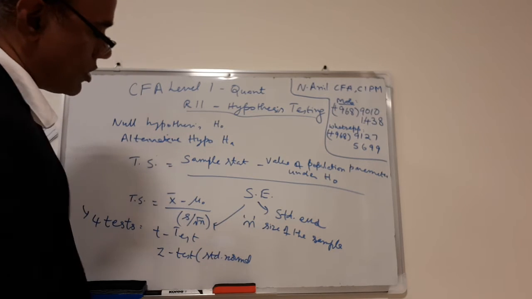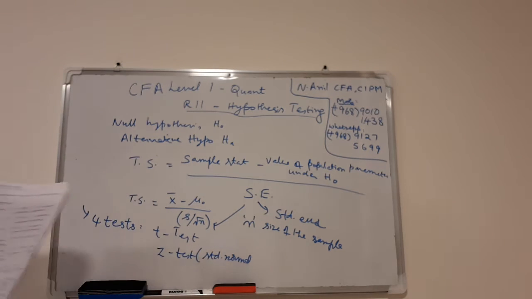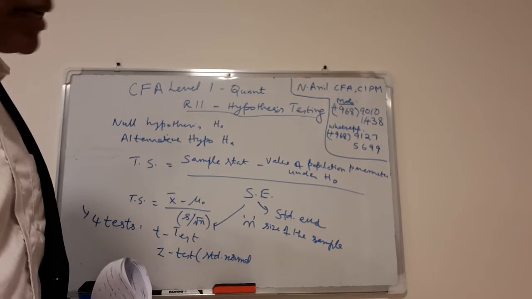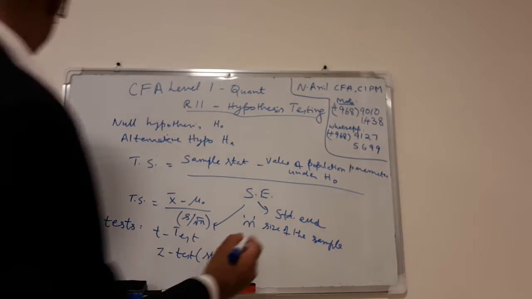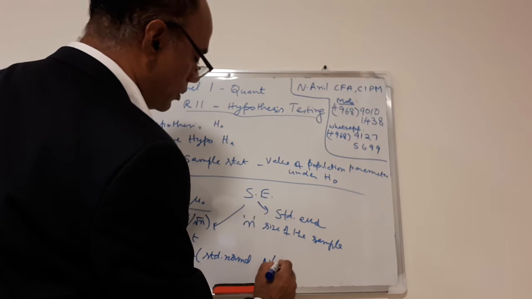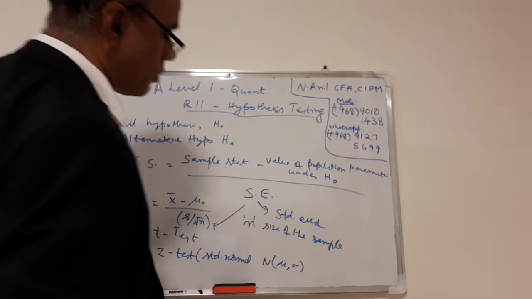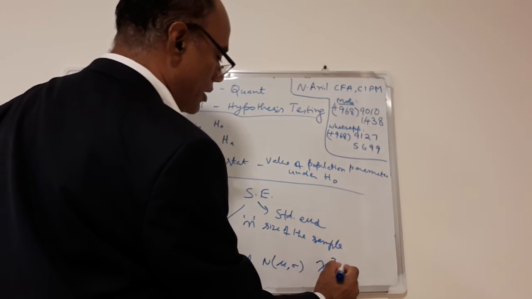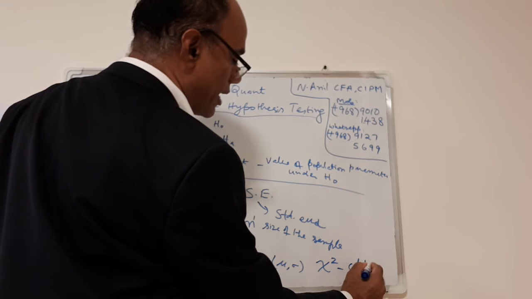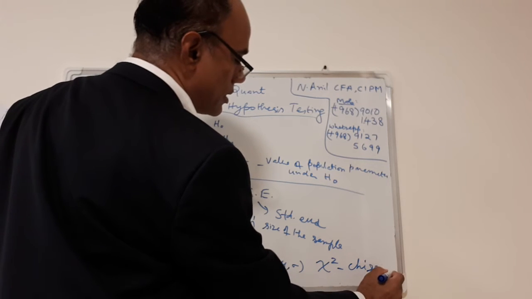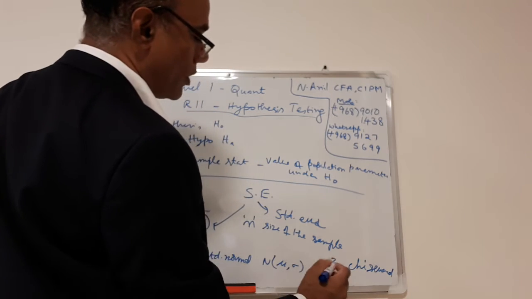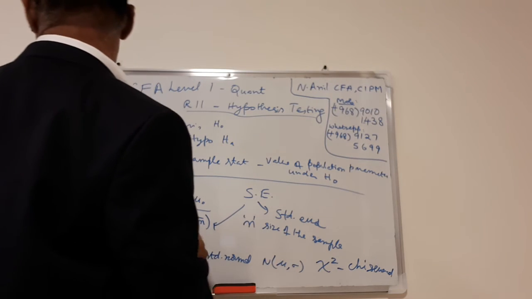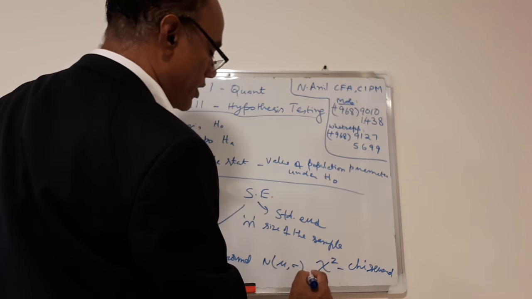If the distribution is normal, it can be completely described by 2 parameters: mean and standard deviation. Then you have the chi-square test, which is a single sample test, and also you have the f test.